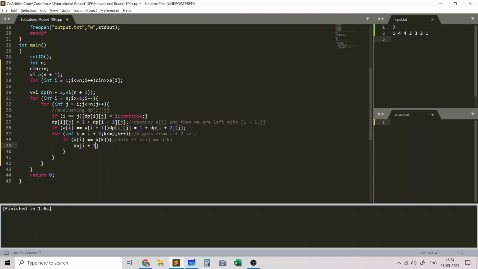And in this case we would just set dp of ij to be the minimum of dp of ij. Even over here I need to take the minimum of the previous value of dp of ij with the new possibility of dp of I plus 1 to k minus 1 plus dp of k plus 1 to j. And in the final line I need to output dp of the range from 1 to n, and that's all that's there in our code.